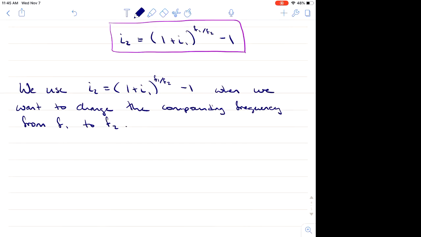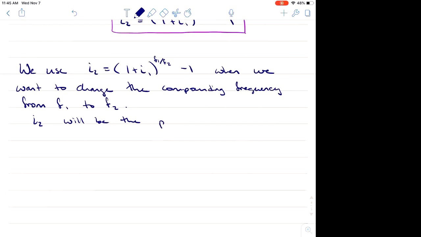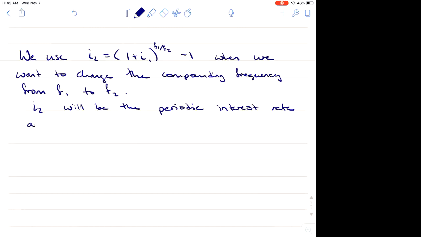So then I2 will be the new periodic interest rate at a frequency of F2. So I2 will be the periodic interest rate at the new compounding frequency.